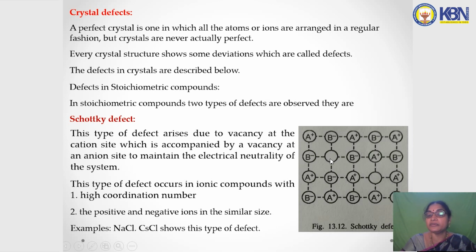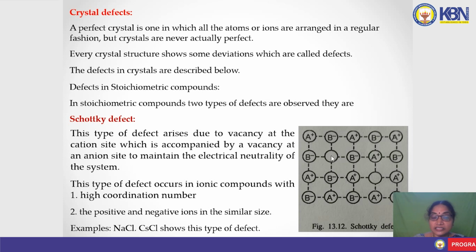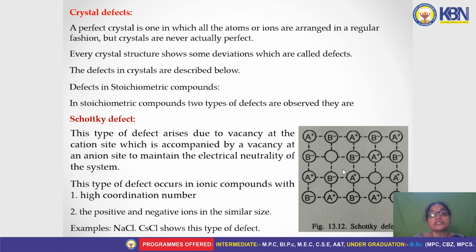Here, the arrangement is A+ B- A+ B- A+ B-, and at this A+ position we can observe that it is vacant. So one cation site is vacant, and to maintain the electrical neutrality, one vacancy at the anion site can be observed. This kind of defect is considered a Schottky defect.